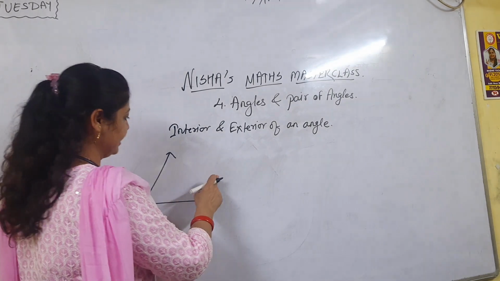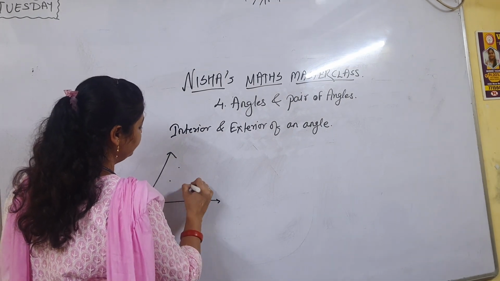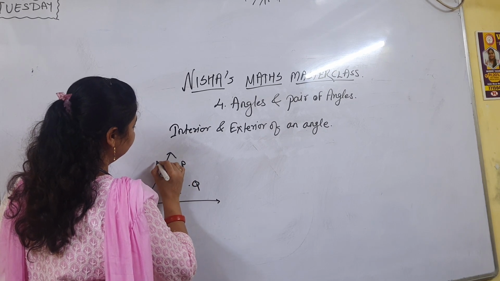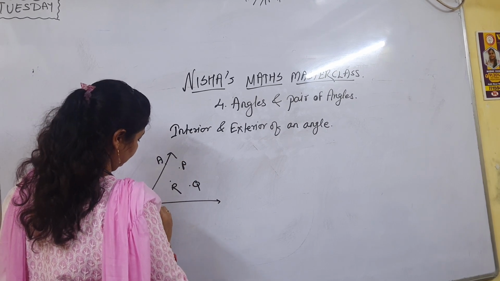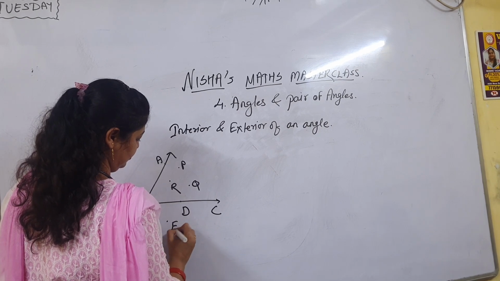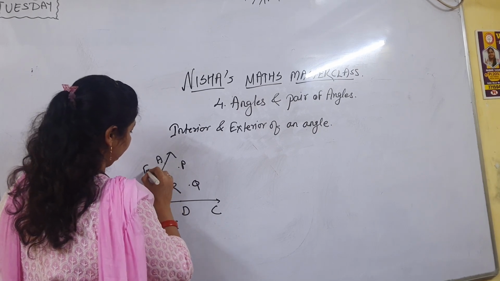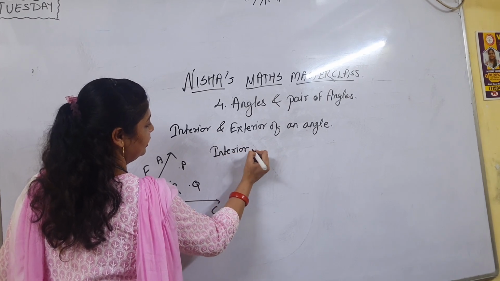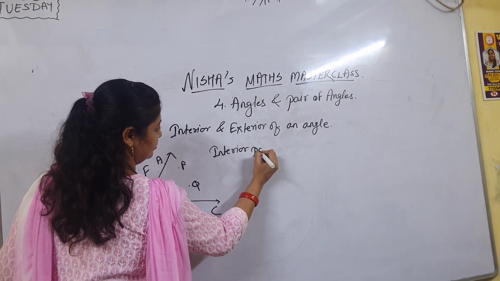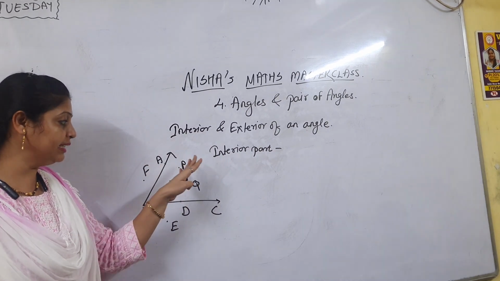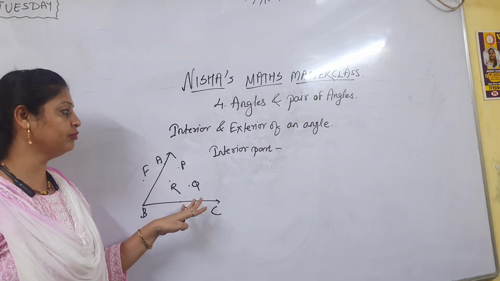So for example, P, Q, R. We have to find the interior points, the points inside the angle.